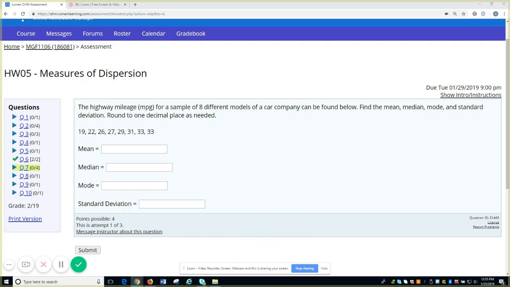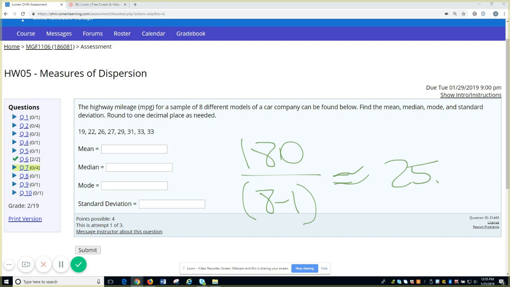The sum of squared deviations is 180, divided by 7, I get 25.71. For now, because I still have one last step where I have to take a square root, I'm not going to round. I'm going to leave as many decimal places as I can at this point.